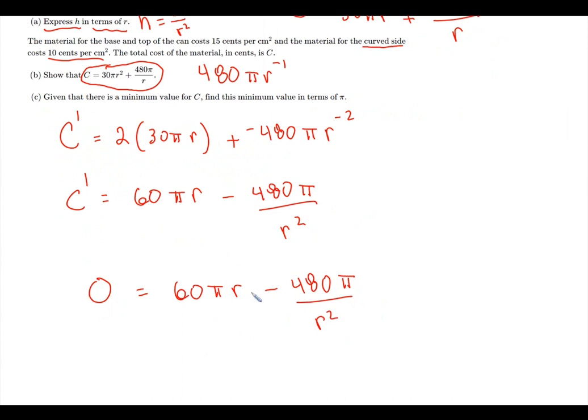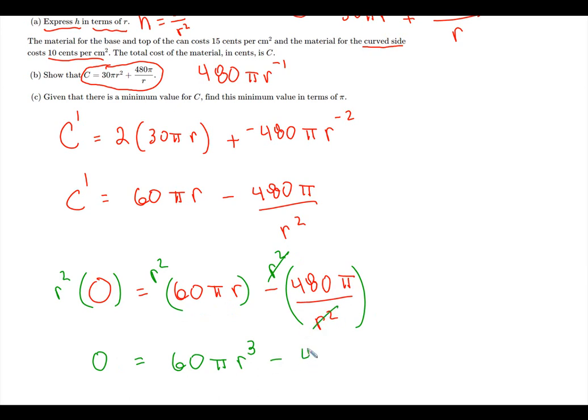I multiply everything by r squared to get rid of the denominator. So I get 0 equals 60 pi r cubed, since r squared divides out, minus 480 pi.